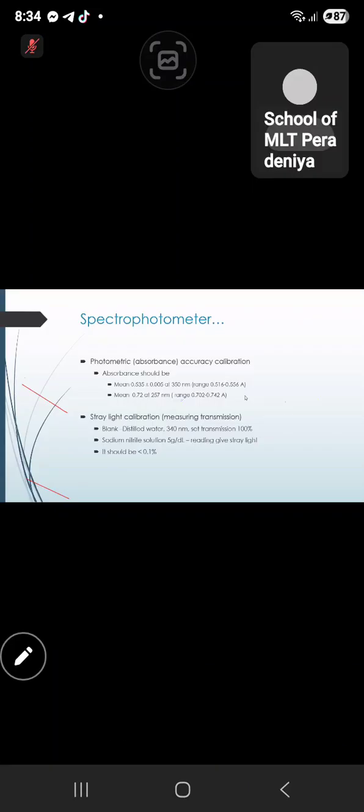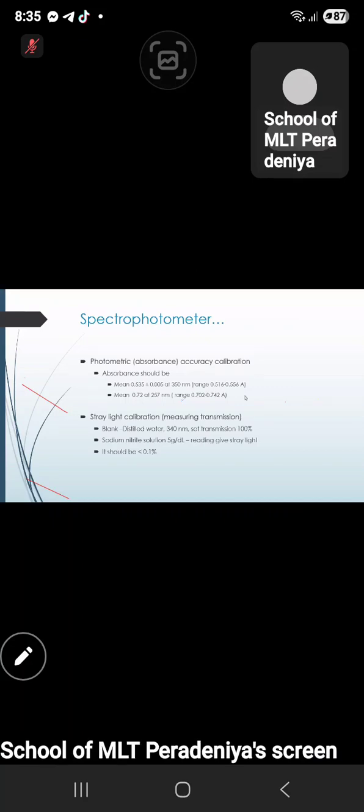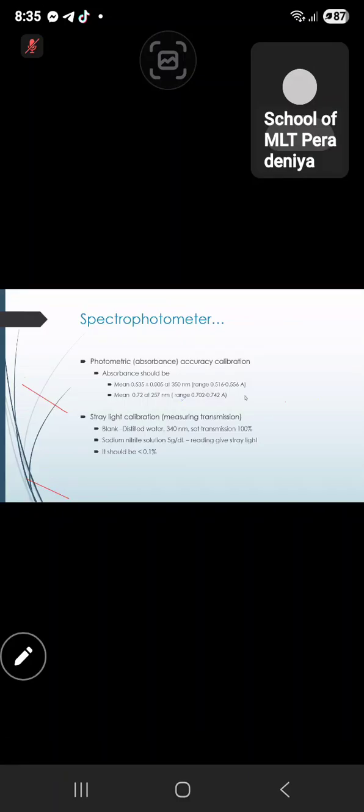So this can be checked. We use sodium nitrite solution, 5 gram per deciliter. This is what we call a blocking filter. We select 340 nanometer and keep distilled water as a blank in the cuvette. At 340 nanometer, we set the transmittance to 100%.